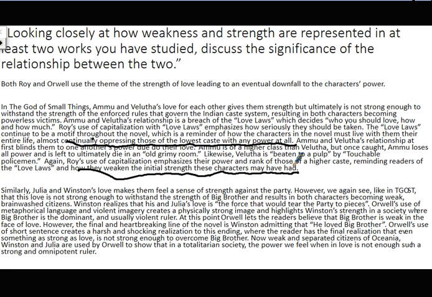And again here we've got our stage 3 of analysis, strength in a society where Big Brother is the dominant and usually violent ruler. Big Brother is weak in the face of love. And again, our stage 3 of analysis for this piece of evidence is now weak and separated.